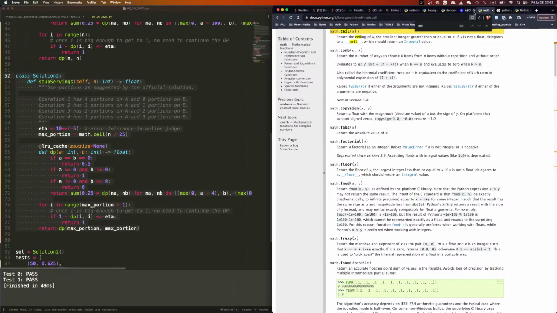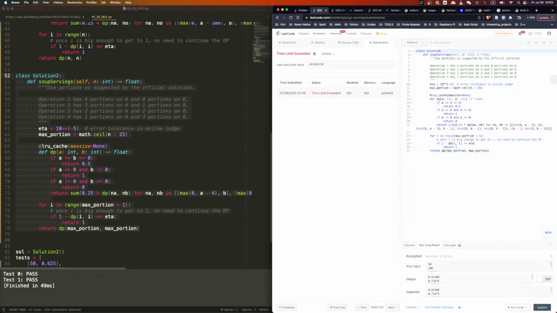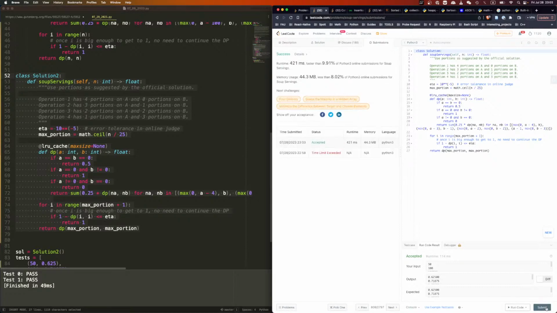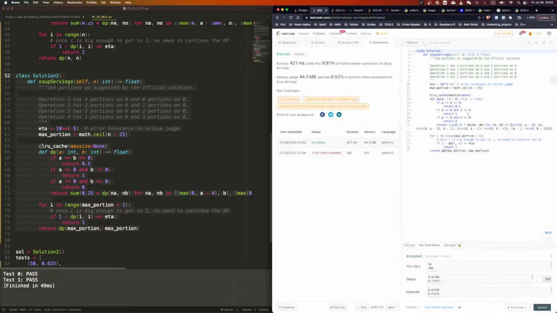Let's see if it's better. 2, 1, 2, 4. Oh, it is much faster. Fewer states. I don't know. Maybe it is fewer states. It is fewer states.